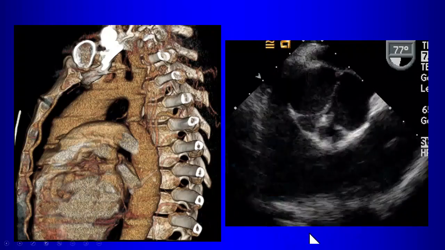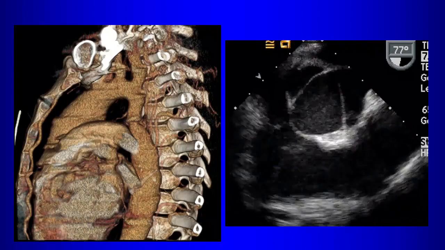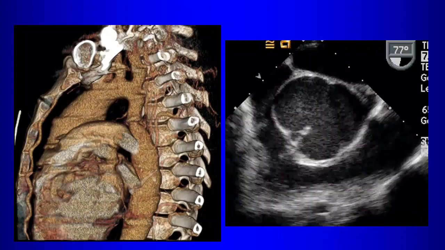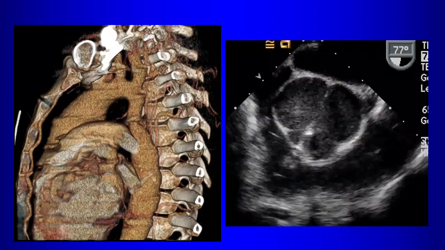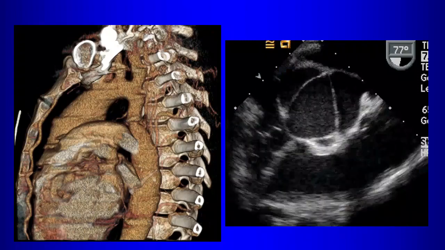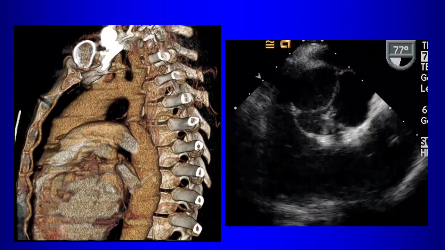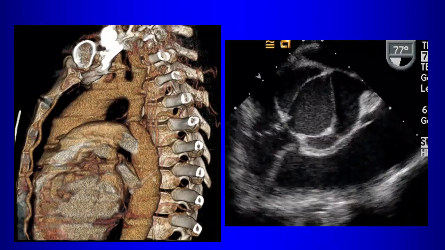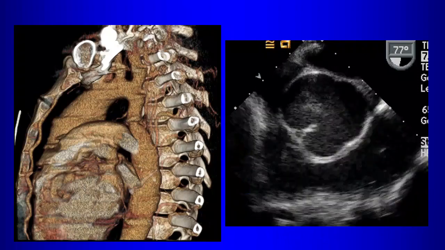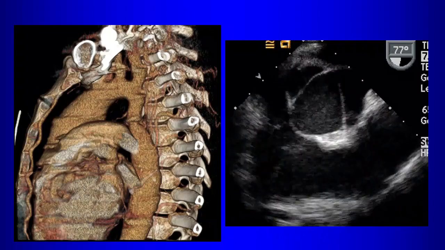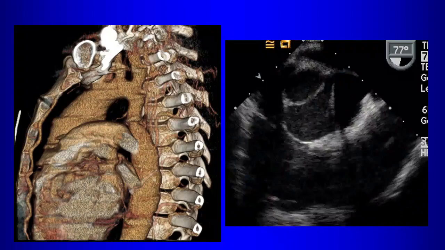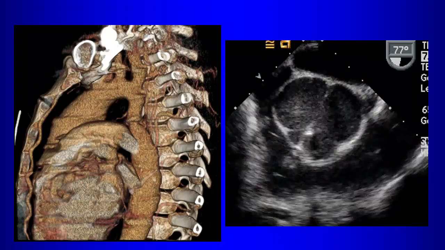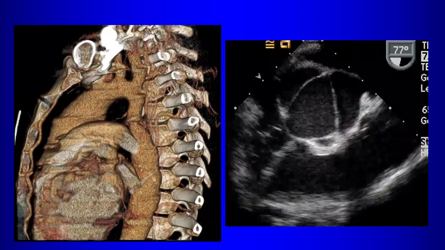So why is the ascending aorta dilated? Bicuspid valve, even without aortic stenosis, is associated with dilatation of the ascending aorta. I haven't come across a good explanation why, but you can have bicuspid valve with no stenosis and dilatation of the ascending aorta.